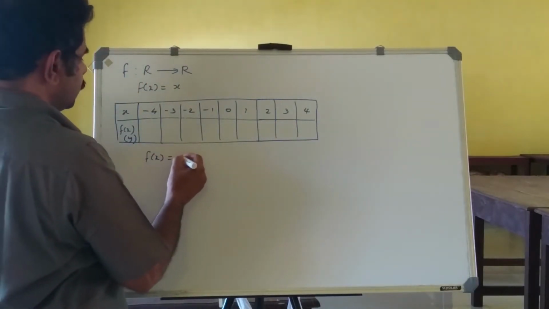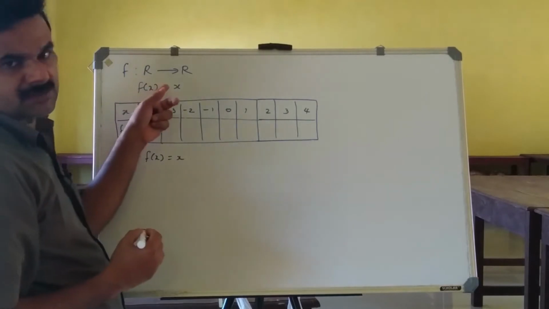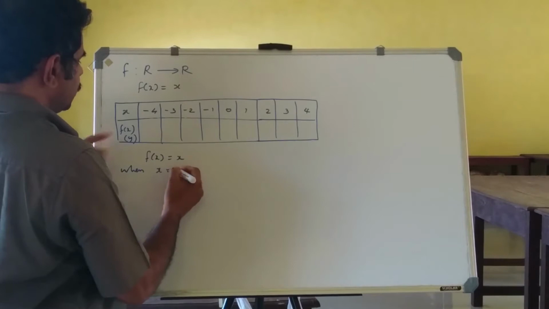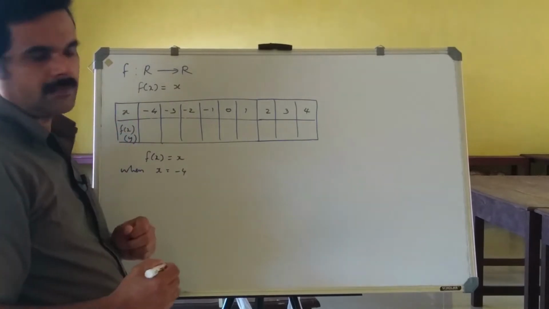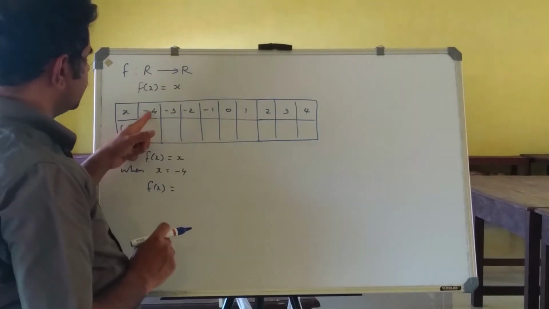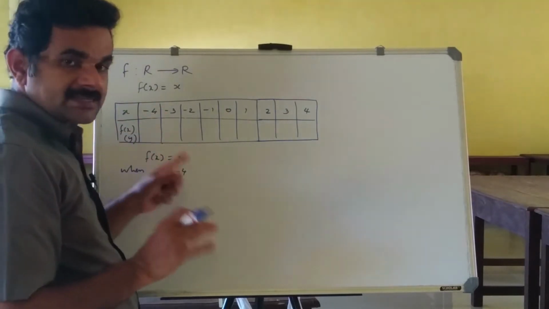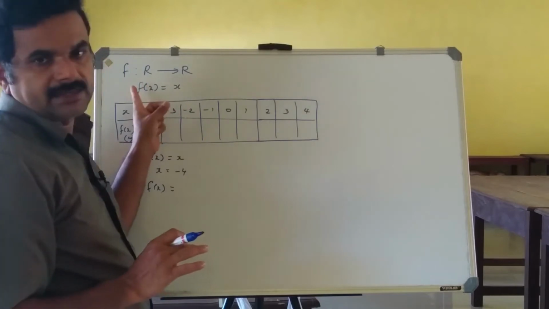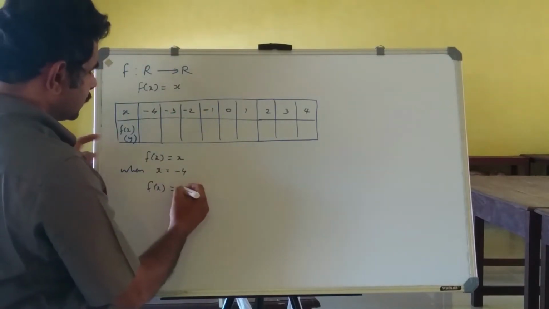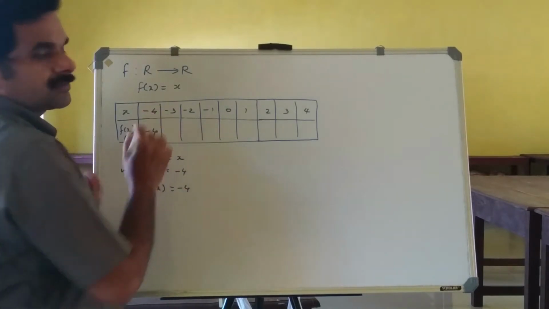f of x equal to x. This is our function. When x is equal to minus 4, what is f of x? f of x means x itself, that is our question. f of x equal to x means minus 4. So this is also minus 4.